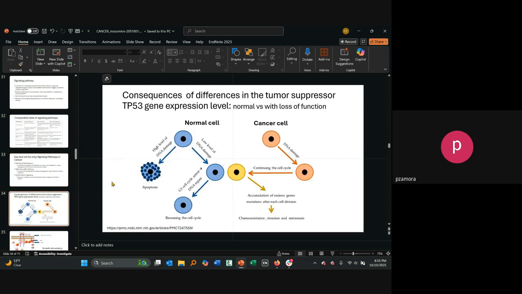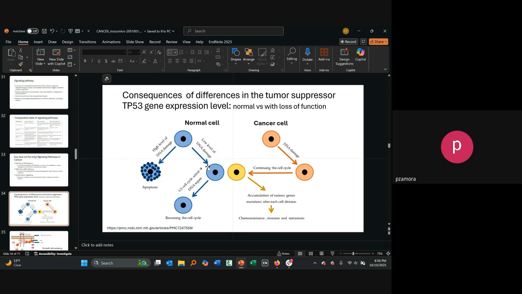What are the consequences of differences in tumor suppressor genes? We'll talk about TP53. Let's suppose you have a normal cell, and you have one cancer cell with a loss of function. What happens? In a normal cell, you frequently have very low levels of DNA damage.